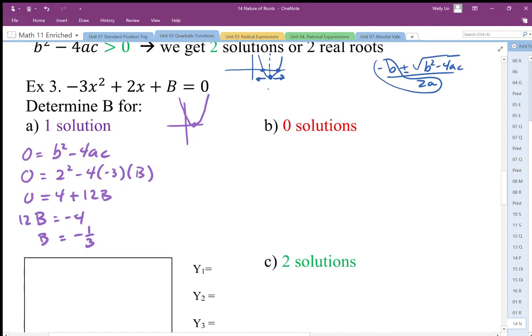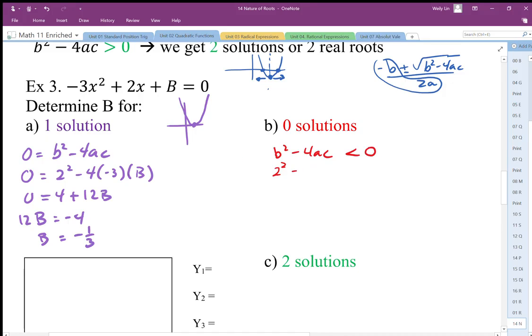If b were to give 0 solutions, that would mean that the discriminant, b squared minus 4ac, must be negative, or less than 0. So we can plug in the same thing again, and we end up with the same equation.